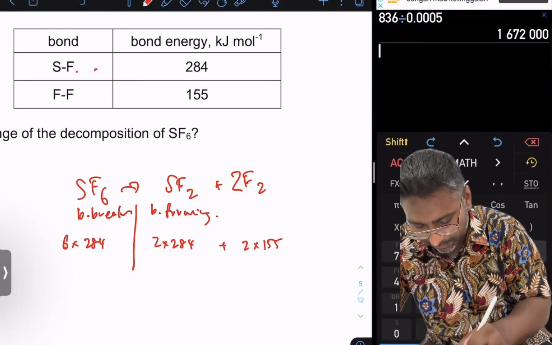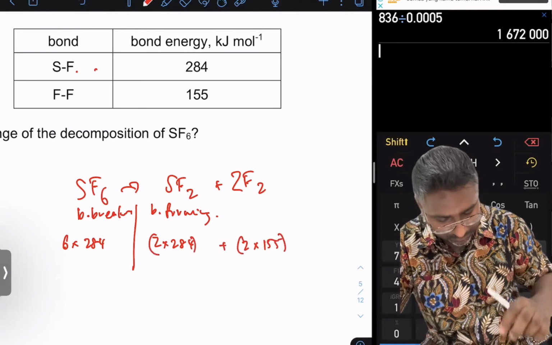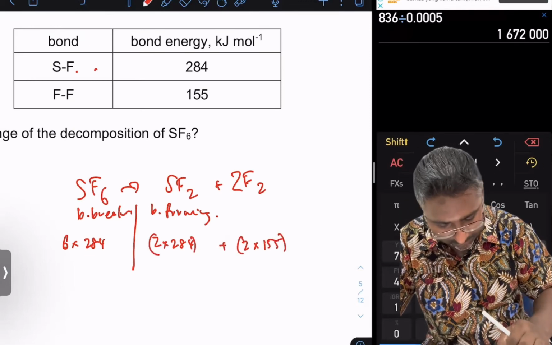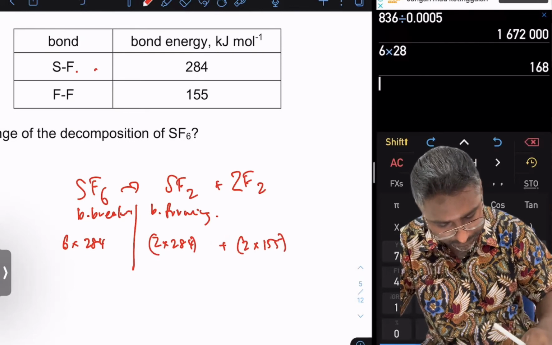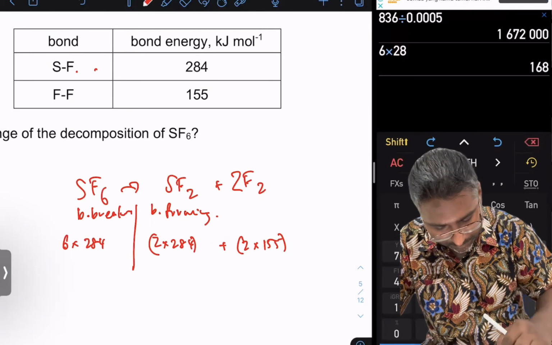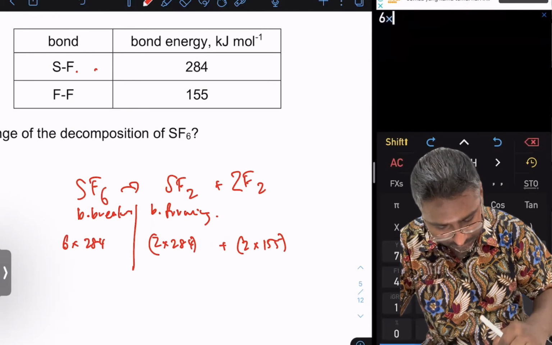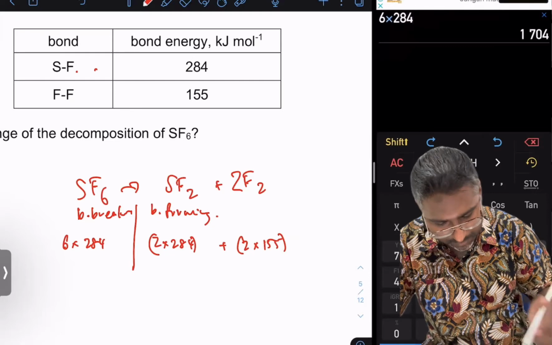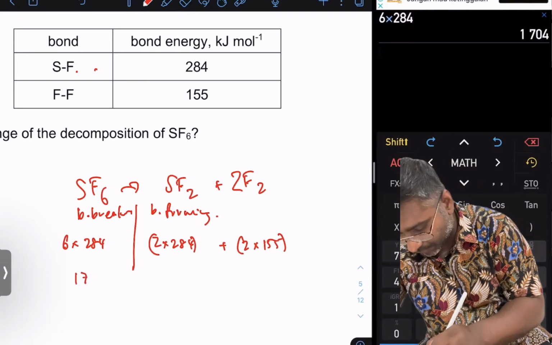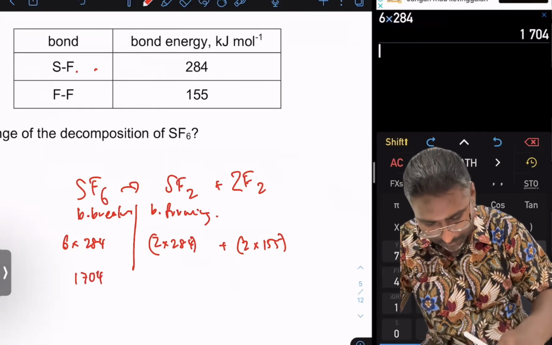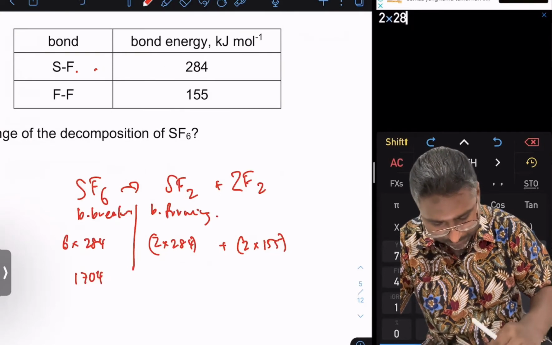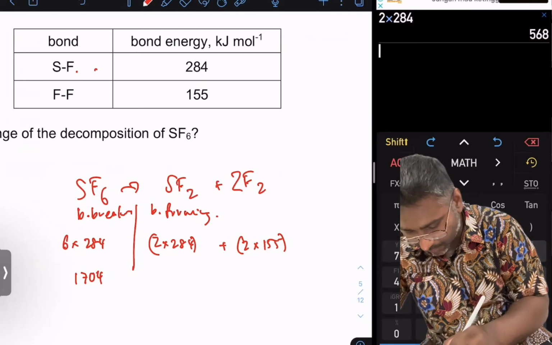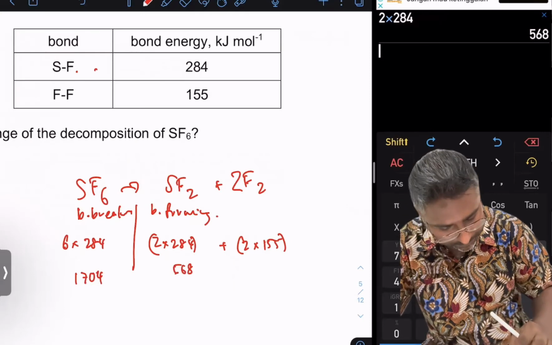You add first. Let's actually calculate first. 6 times 284, 1704. 2 times 284, 568.